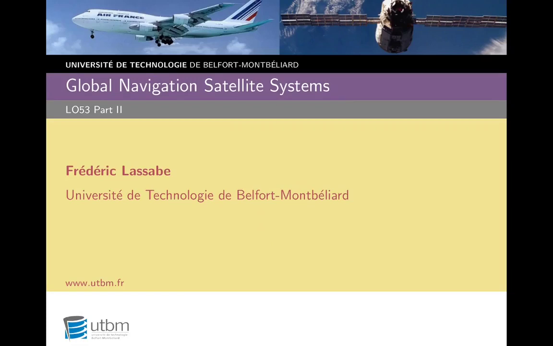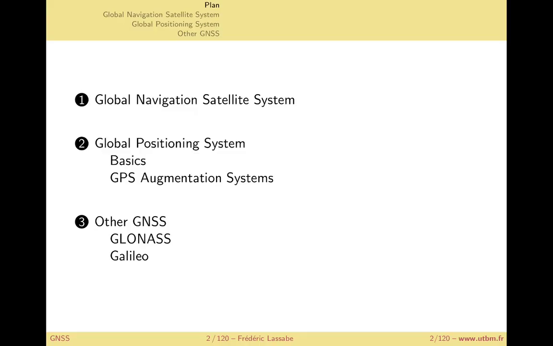This part is about global navigation satellite systems, which is a superset of GPS, for instance. So the outline is the following one. First we'll see global navigation satellite systems global properties.